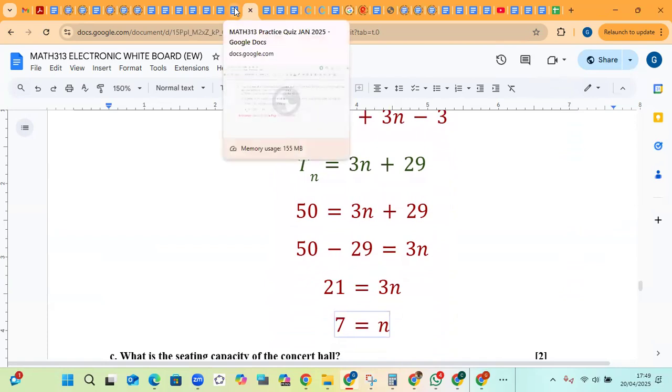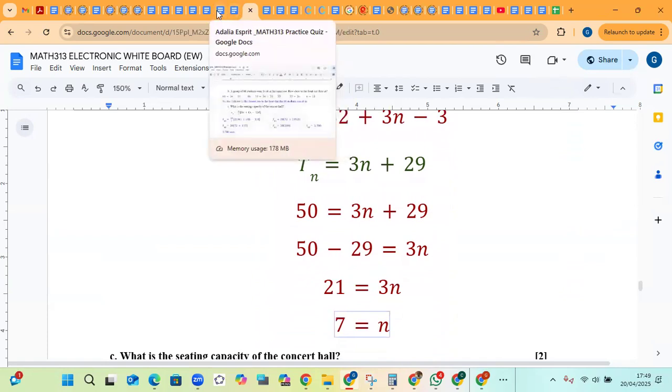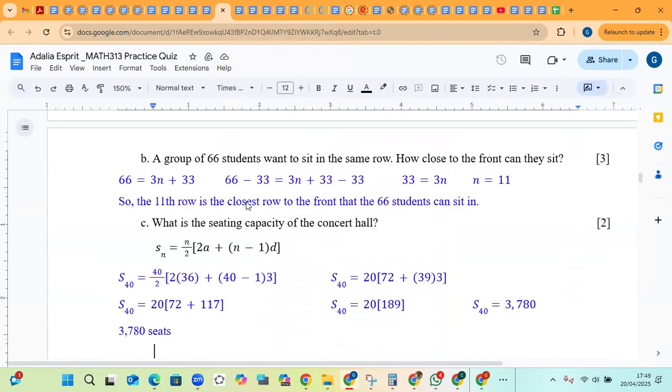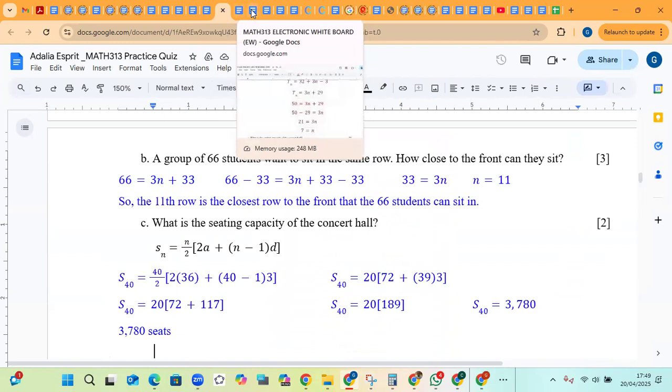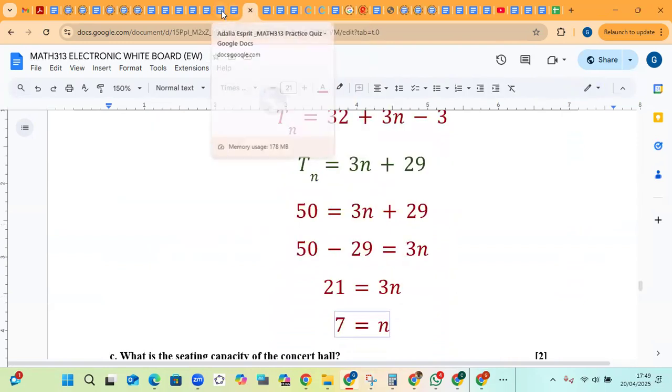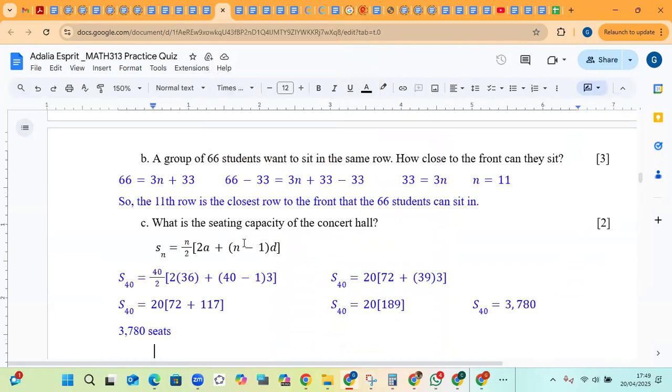So we've got to do the same for our own. Where in the example we had 50, in our example we've got 66, and our general rule is 3n plus 33. So we say 66 is equal to 3n plus 33. We are going to calculate the n that will give us 66 seats.